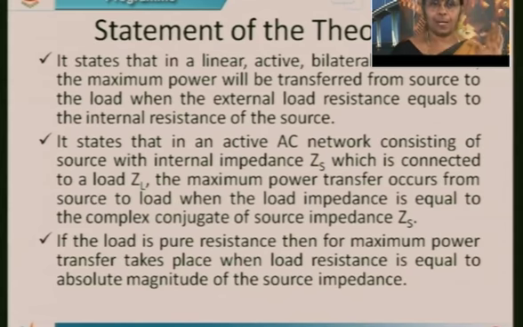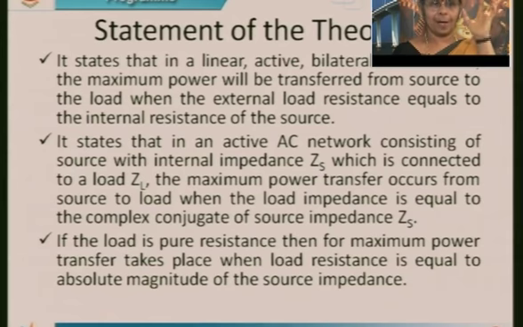So assume that you have an AC source in series with an impedance, but at the load side you have only a pure resistance. In that case, what will be the condition when the maximum power is going to be transferred to the load? If the load is pure resistance, then maximum power transfer takes place when load resistance is equal to the absolute magnitude of the source impedance.